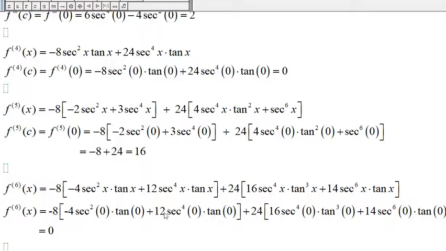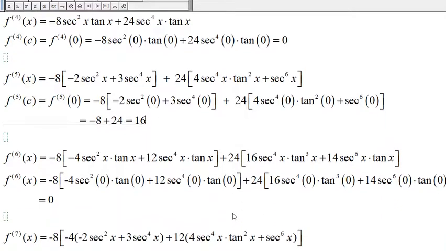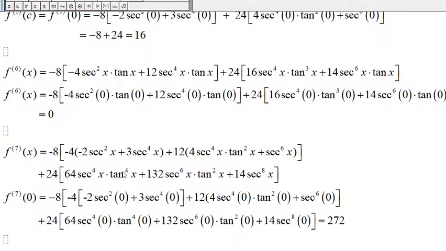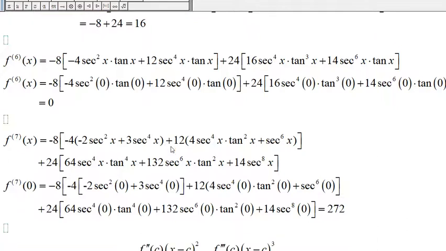So this part will be 0, and then here we also get 0 and 0, and so the whole thing will be 0. And then the seventh derivative is even longer. And if we worked it out, it comes out to be 272.